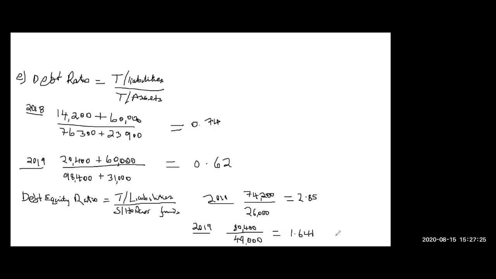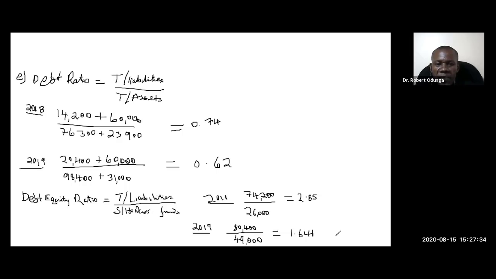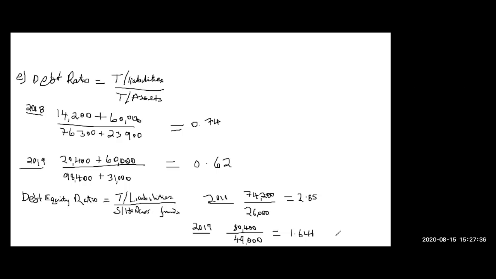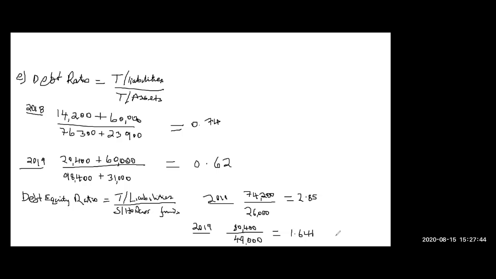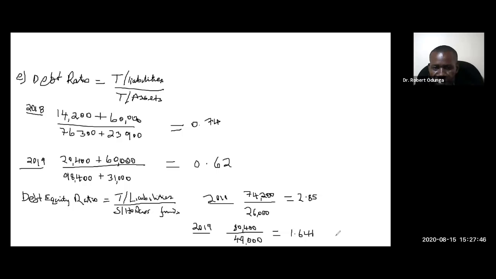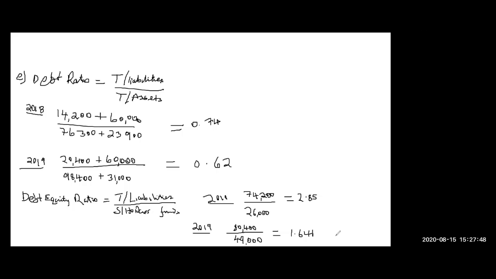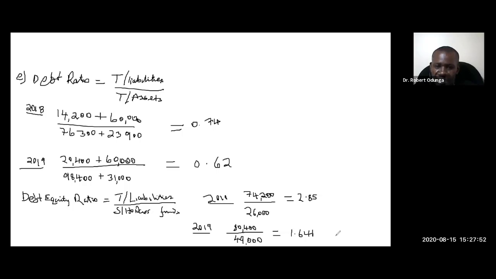Because the proportion of the source of finance is more internal, or equity. So we are doing better because the proportion of debt in our capital, relative to the owners' funds, is less in 2019 than it is in 2018.